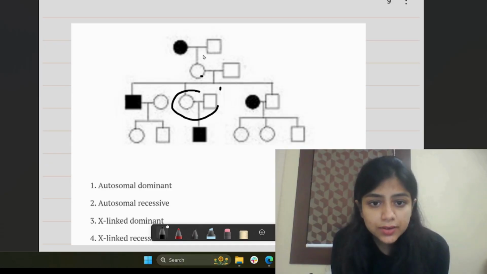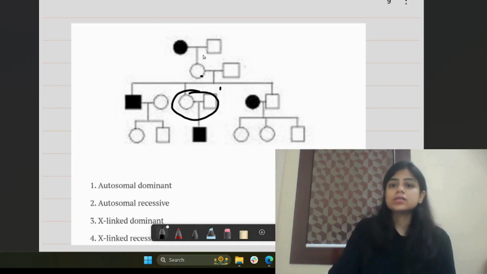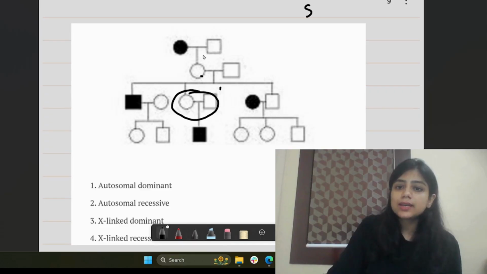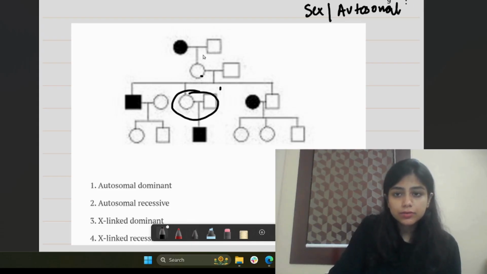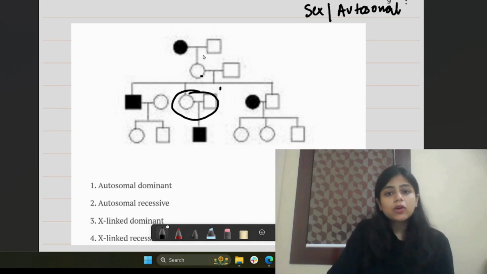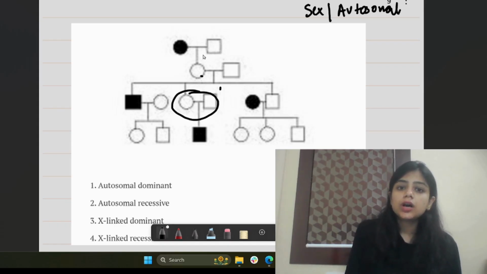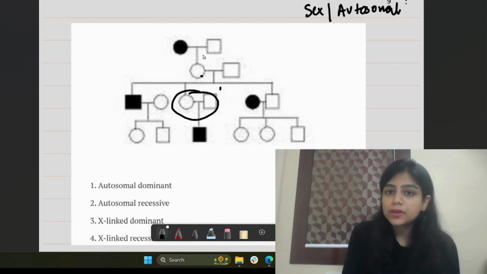And if we are considering it to be recessive, it can either be sex linked or it can be autosomal, right? Fine. If I'm talking of the autosomal, what you need to know is that normal parents, if I'm talking of the recessive trait, right?